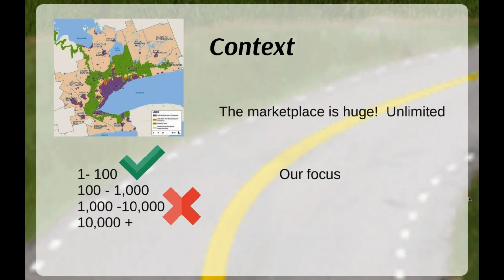On that smaller end the marketplace is enormous, actually unlimited when you think about it. There are 50,000 or 70,000 businesses in this area with 1 to 100 employees. There are 75 people on the call today, and that's 1,000 cases for each person. So there's lots of room. The marketplace is absolutely endless.